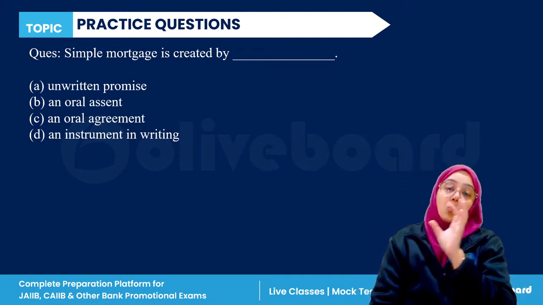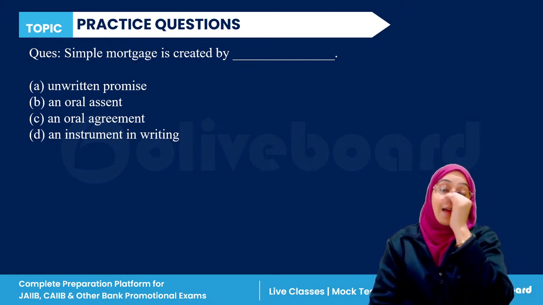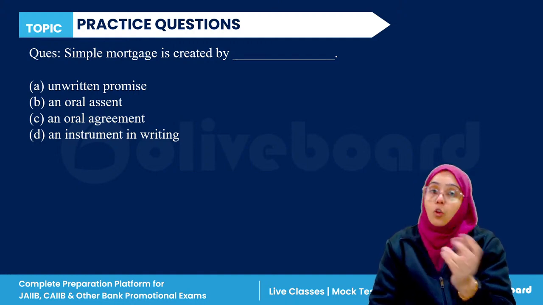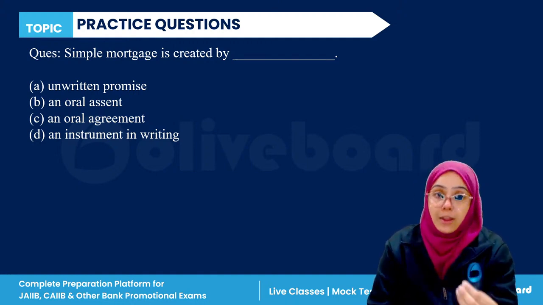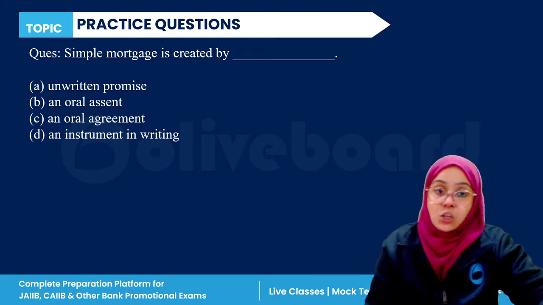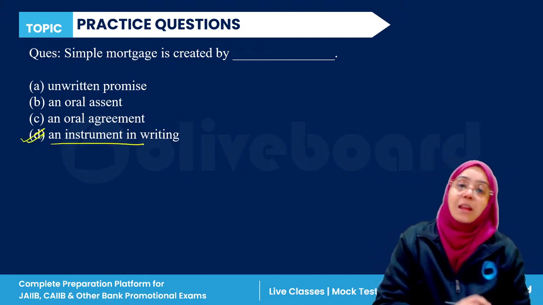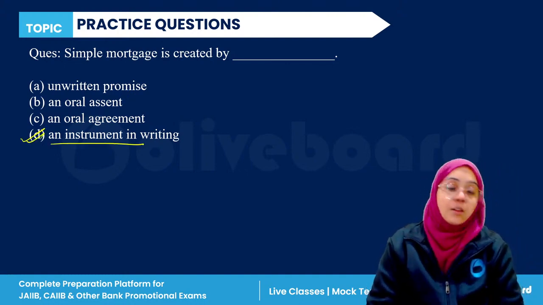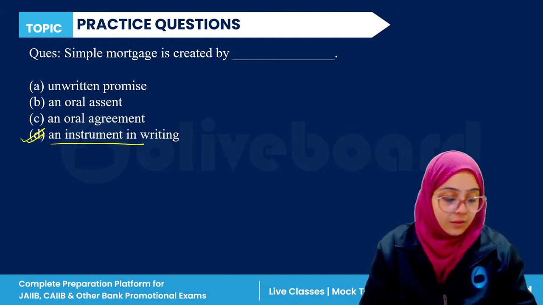Mortgage is related to immovable property like house, land, building, whereas hypothecation is related to movable property like cars, bikes, gold. So if we talk about the mortgage, a simple mortgage is created as an instrument in writing. So D is the correct answer. Clear? Everyone? Done?